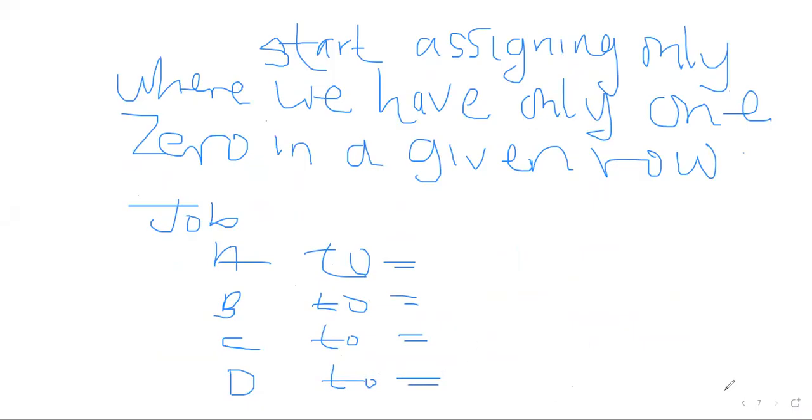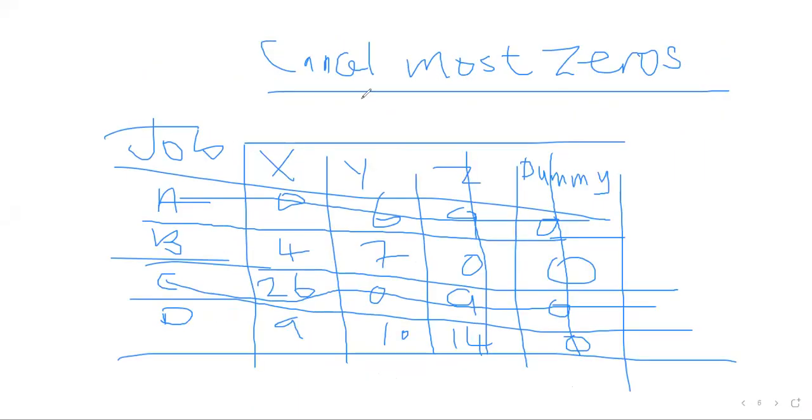So we have to start assigning where there is only 1 zero in a given row. So D should go to dummy because there's only 1 zero there.